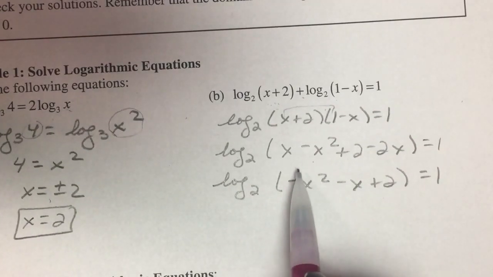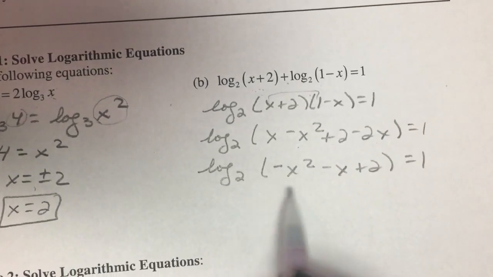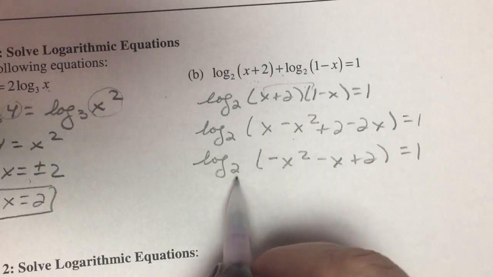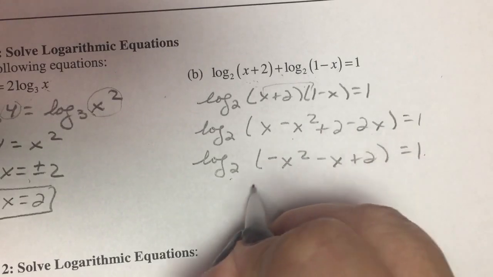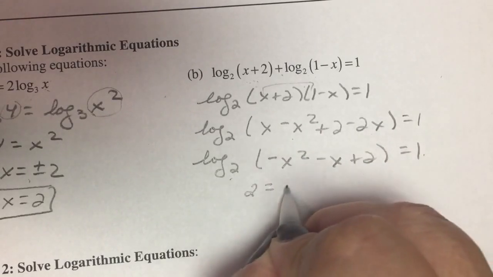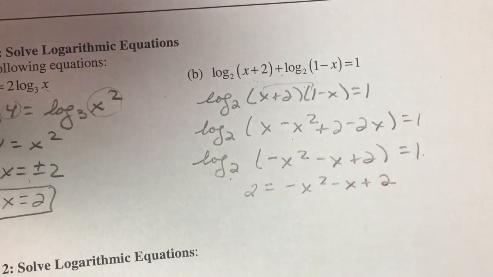Let's make sure that that's right. Minus x. Okay, so now since I have the single log statement on this side, I'm going to use my definition, change it to its related exponential. I would do that by taking 2 to the first power, which is simply 2, and setting that equal to negative x squared minus x plus 2.